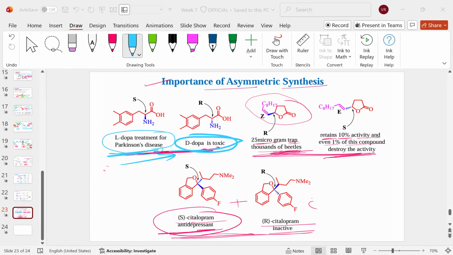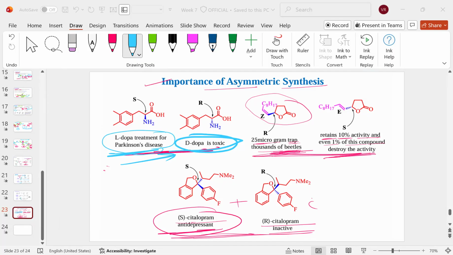Another technique is to use some stereospecific reaction so that we get only one product as the major product. The third is the chiron approach, in which we carry forward the chiral center from the starting material in the synthesis, not creating a new chiral center.